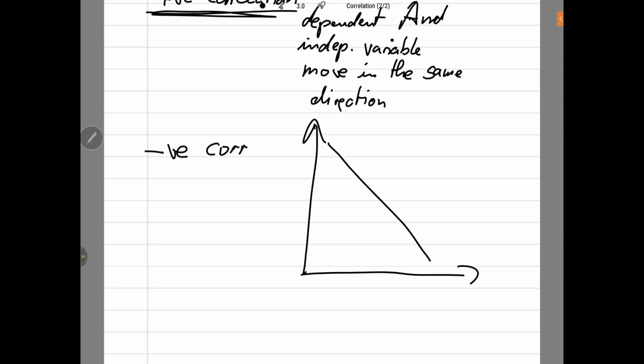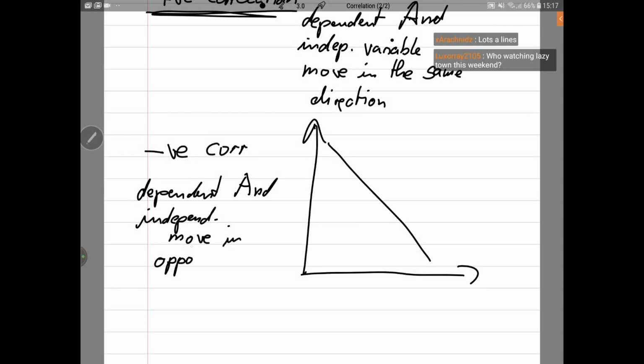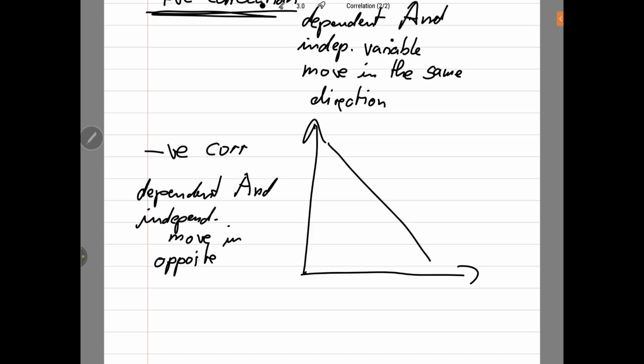Negative correlation, and I just abbreviate that because I'm too lazy to write it out: dependent and independent variables move in opposing directions, or opposite directions.